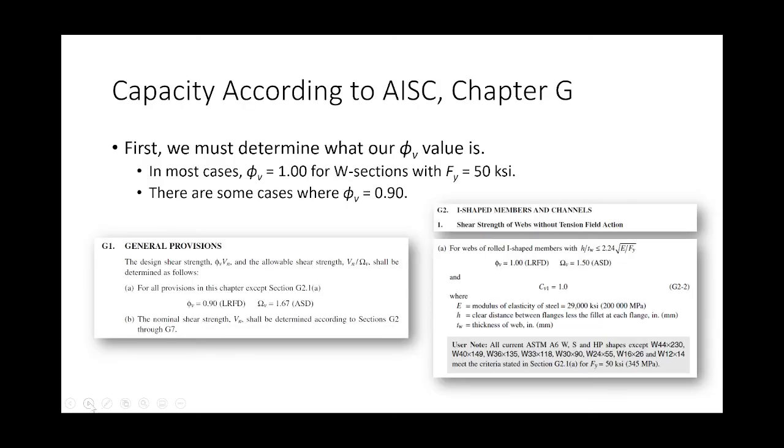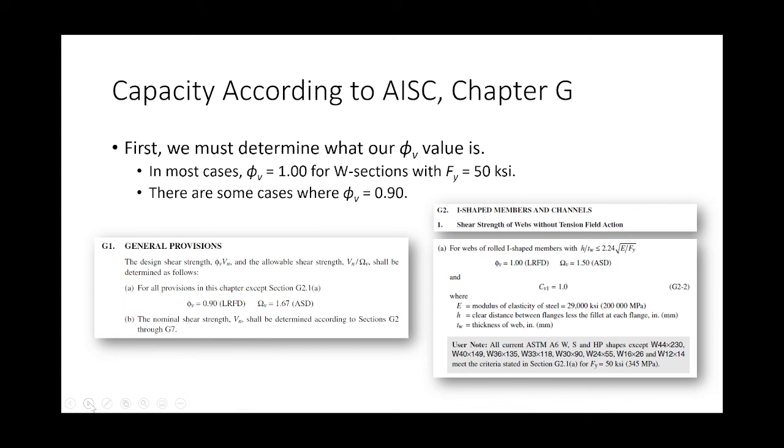Now, when you look at the capacity for webs in shear according to Chapter G, what we find is this. Okay, so let's look at the spec a little bit. What it says is that in general, our phi value is 0.9, but there are a lot of cases where phi is 1, and in fact, phi is 1 for most W sections with a yield stress of 50 ksi.